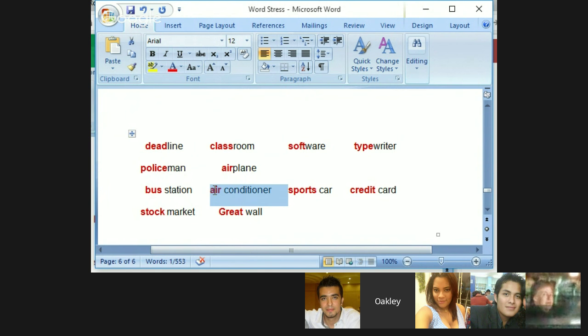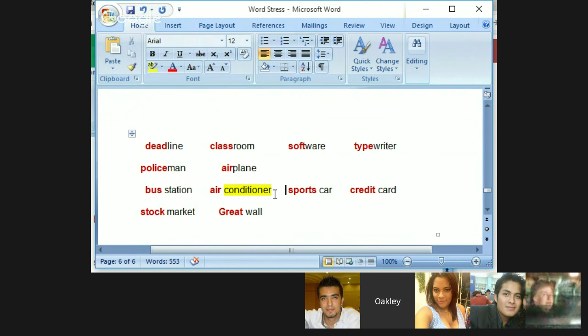Notice in the word air conditioner, if I get rid of the word air and I just want to use the word conditioner, like you use on your hair. Elio, how do I say the word just by itself? Just the highlighted part.